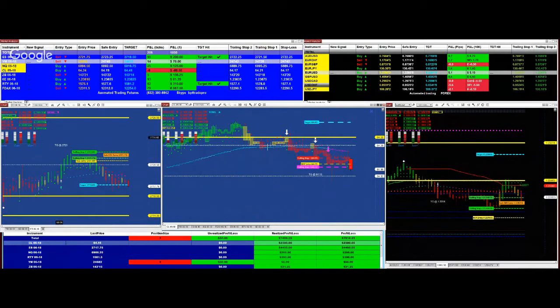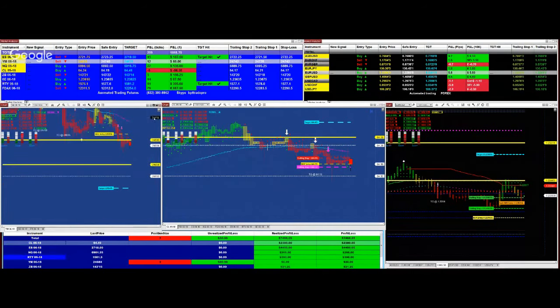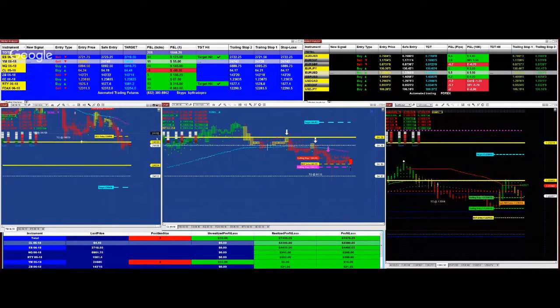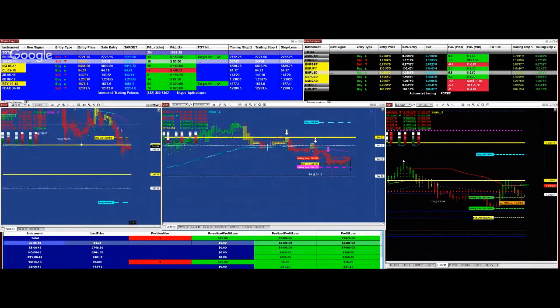Let's go back on the YM to see we had a new signal right in front of you on the YM. Let's keep our eye on it as well. Okay, we are on the same direction right now on the YM. We're still hammering down on it.